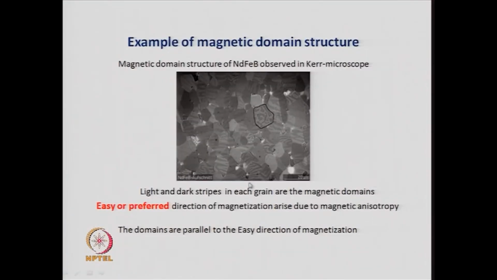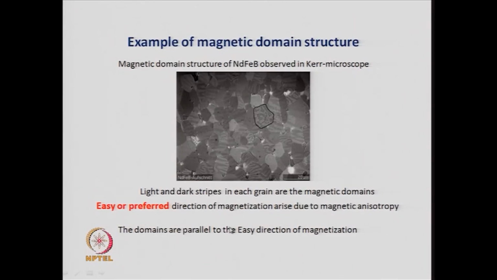So, the magnetic anisotropy tells you that there are directions in which magnetization can be easily aligned, and there are directions in which the magnetic vectors will not be aligned easily. These domains tell you that they are parallel to the easy direction of magnetization.